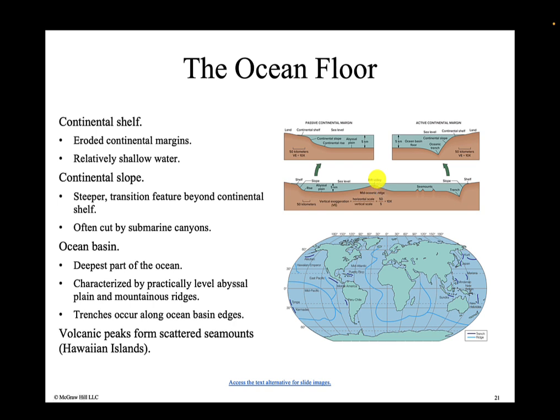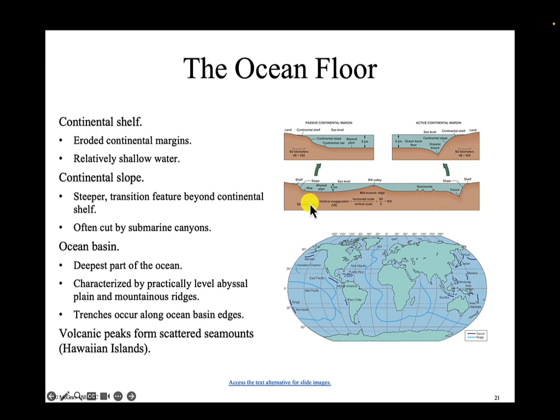Okay, we also have sea mountains, which would be smaller than ridges. And another feature of this ocean basin is the presence of trenches. They are usually found right between the transition of the slope and the ocean basin, as you can see in this figure.